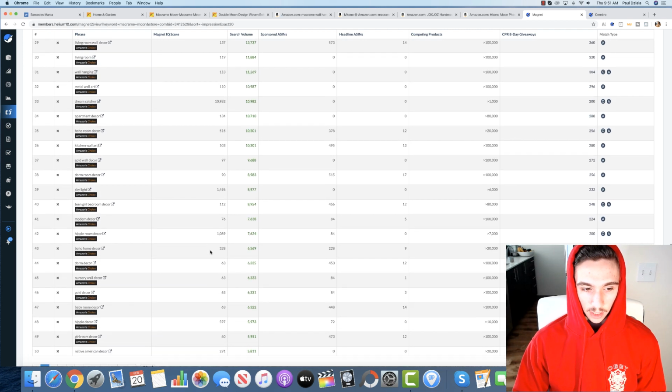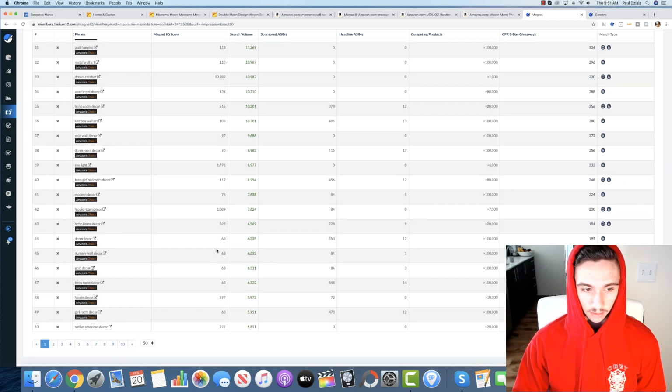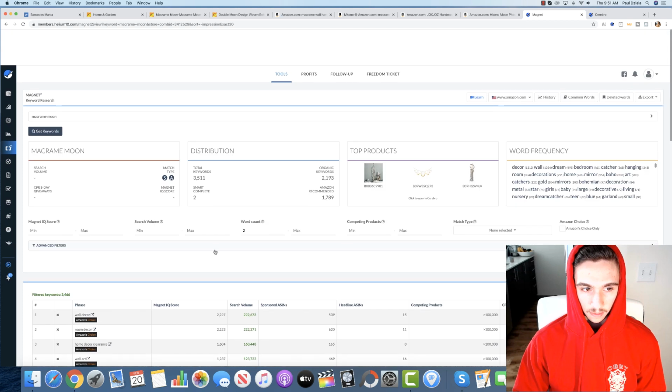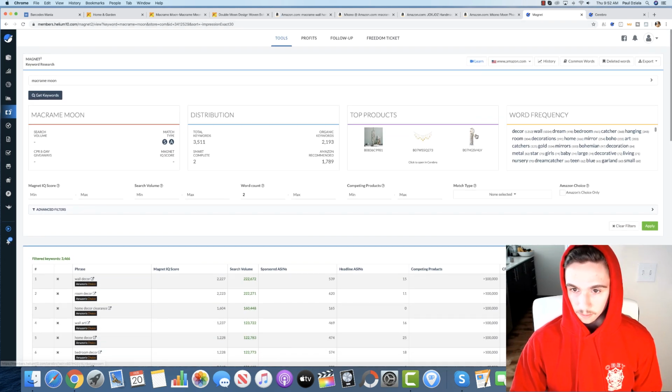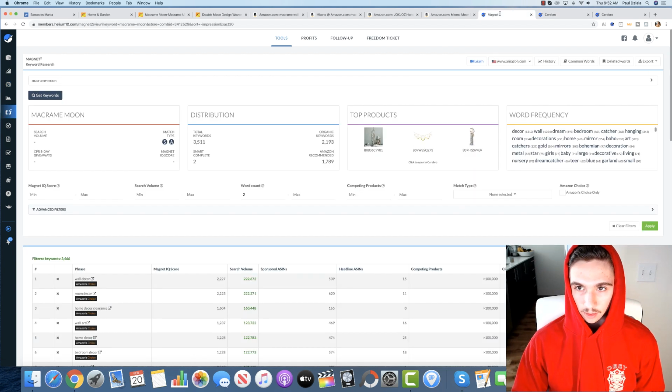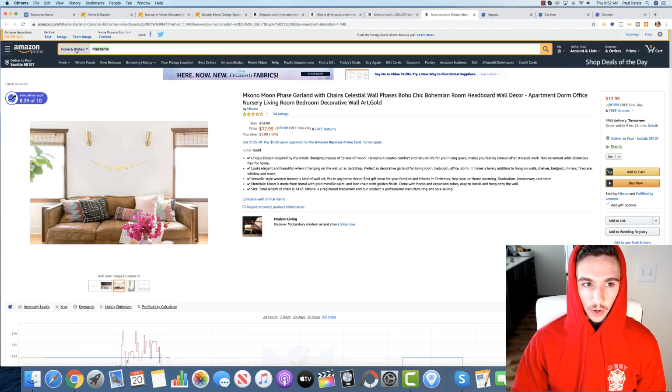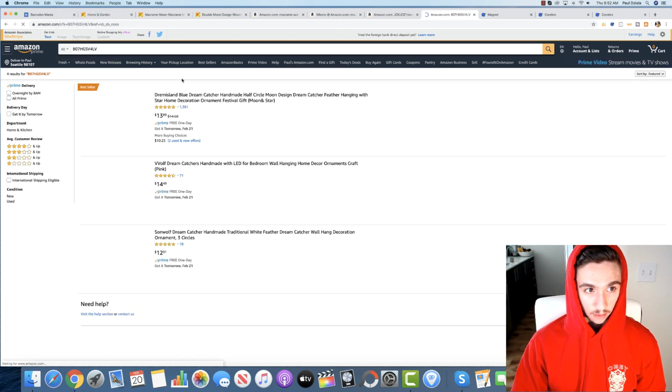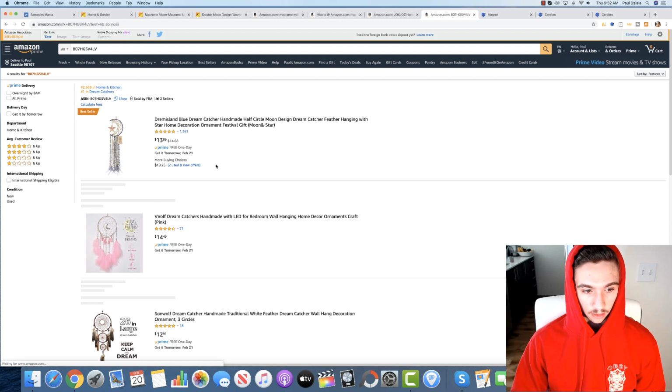That's one of those things that you kind of just like this one. I know this one was doing good. I keep clicking on it, but we saw that one on Moon Phase Garland right here.